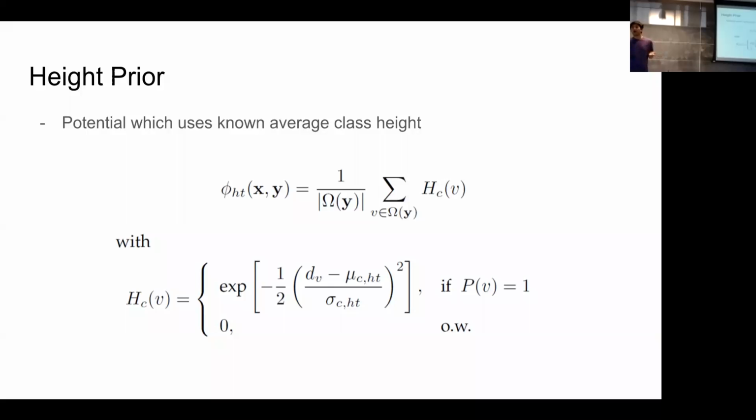So let's say a car. If the bounding box given for this term is higher than a regular size for a car, it will be penalized quite heavily. And you can see in the normal distribution that if it's around the mean of the car, the term will be dragged down to 0. And if it's further away from the mean, then it will be a much higher term.